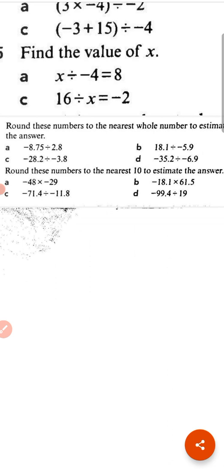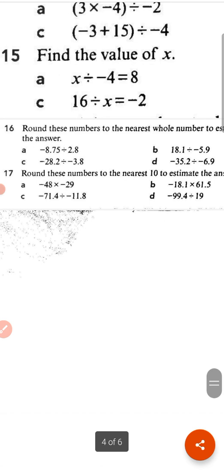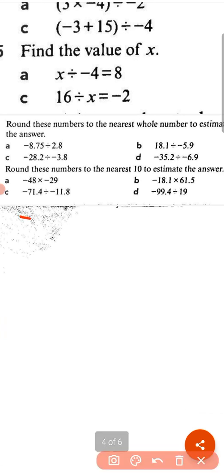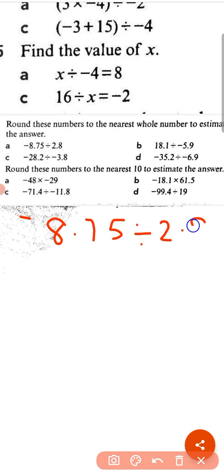First question is negative 8.75 divided by 2.8. Here both numbers are decimal numbers. First we have to round these numbers to the nearest whole number.